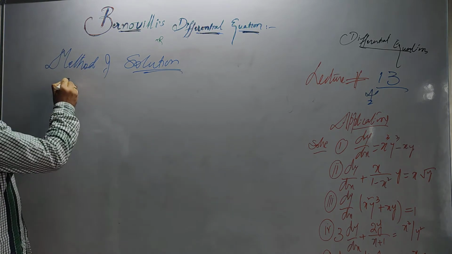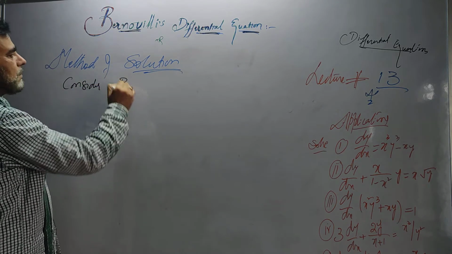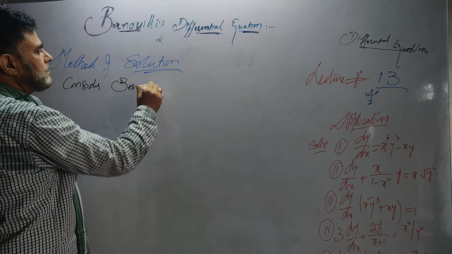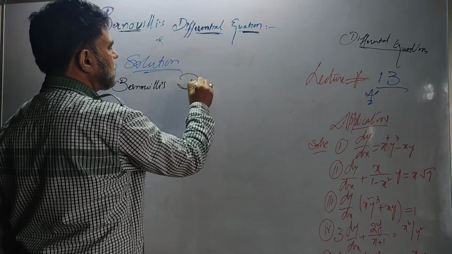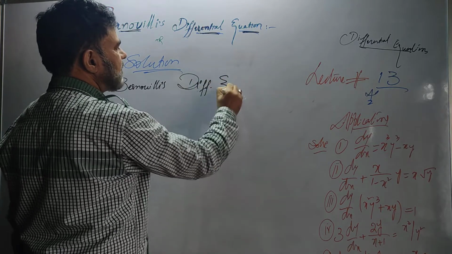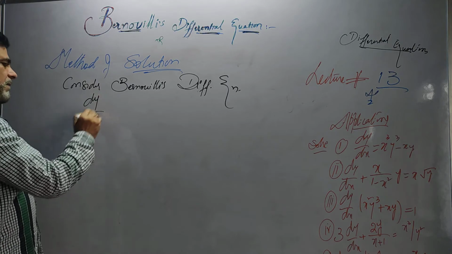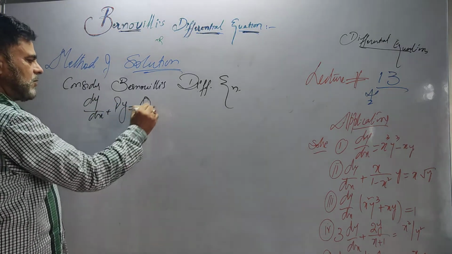We again consider Bernoulli's differential equation, which is dy by dx plus Py is equal to Q y raised to the power n.